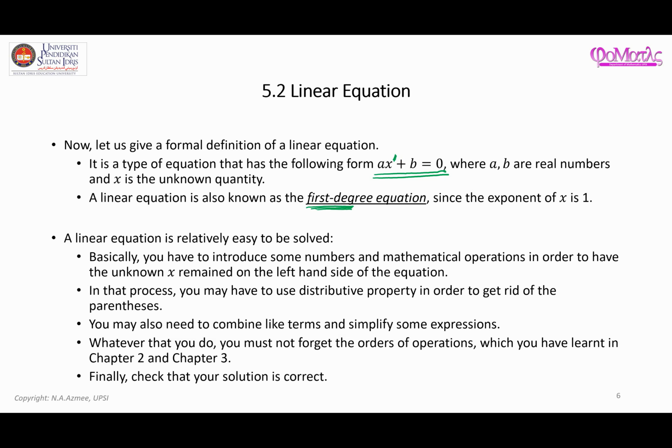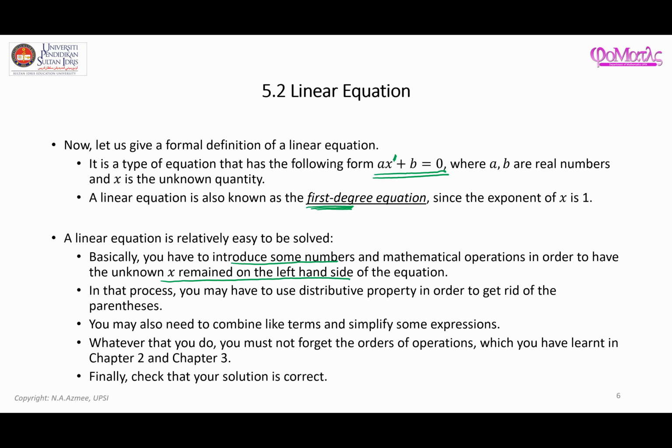A linear equation is very easy to solve. Basically, what you need to do is introduce some numbers and mathematical operations in order to have the unknown x remain on the left hand side. In that process, you may have to use the distributive property to get rid of parentheses.